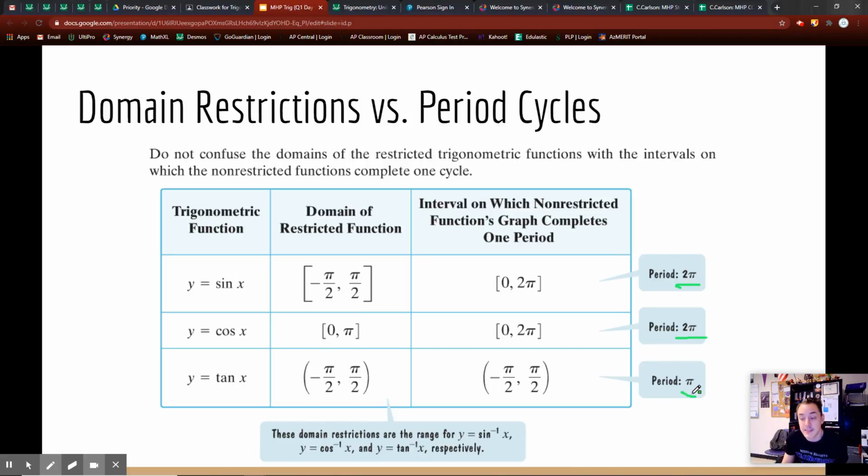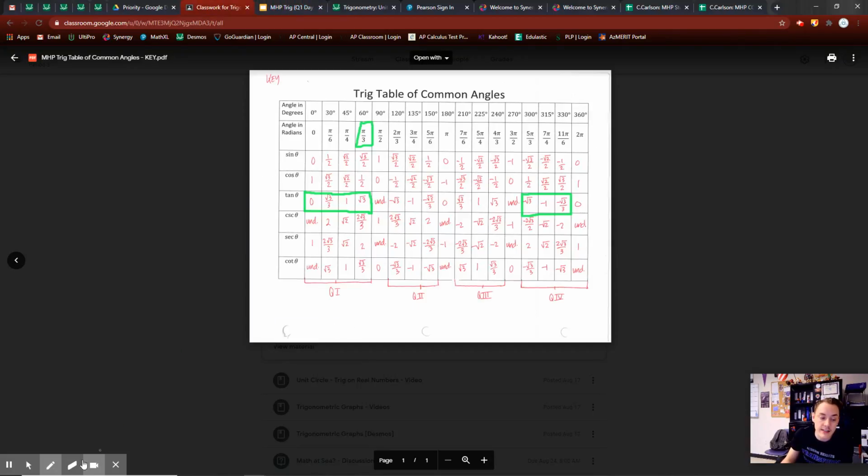With tangent, it is pi, okay? With tangent, your period is pi. It repeats one whole period every pi because then it's undefined right here. So it's undefined. So this is one whole period, undefined, one whole period, and then it goes to 0, and then one whole period, undefined, and so forth, goes to 0. So what does that mean?